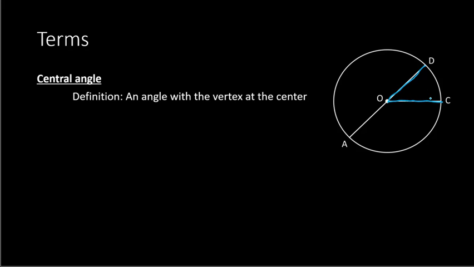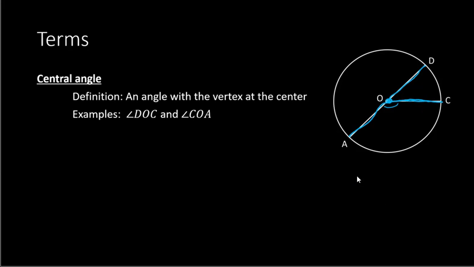This would be a central angle because the vertex is here at the center. We also have angle AOC, which would be another central angle because the vertex is at the center. So angles DOC and COA both are central angles.